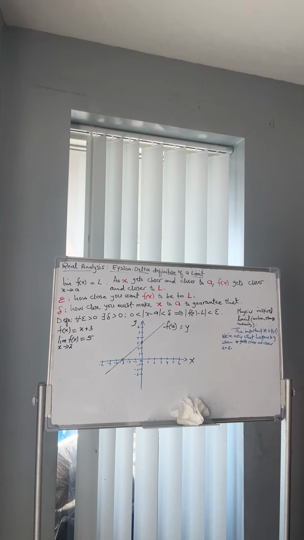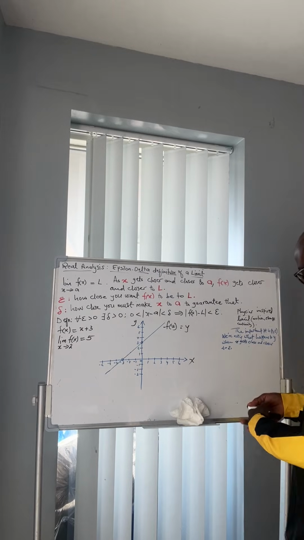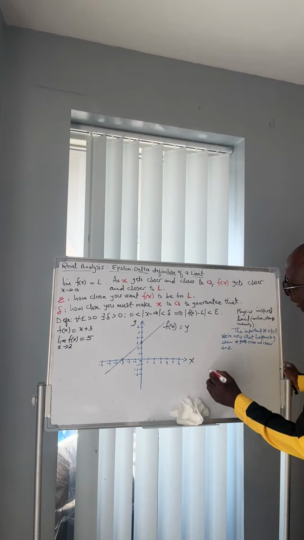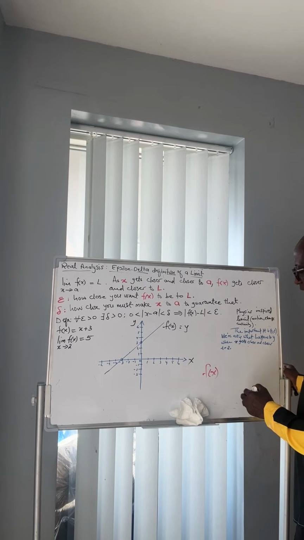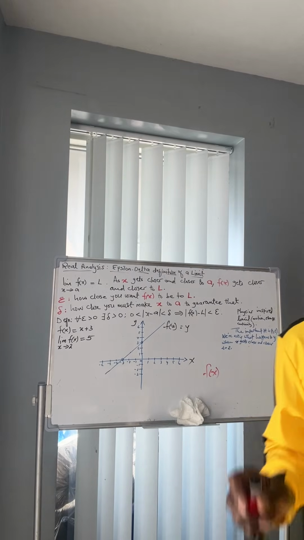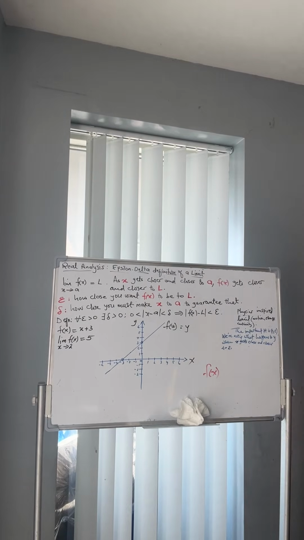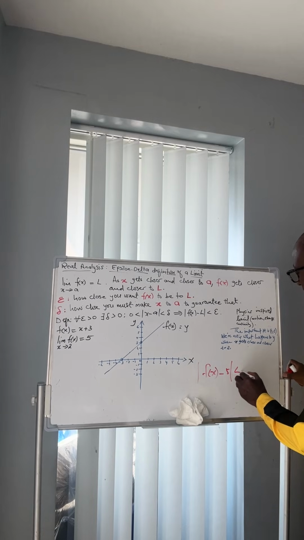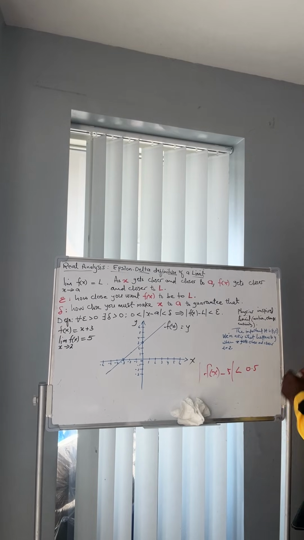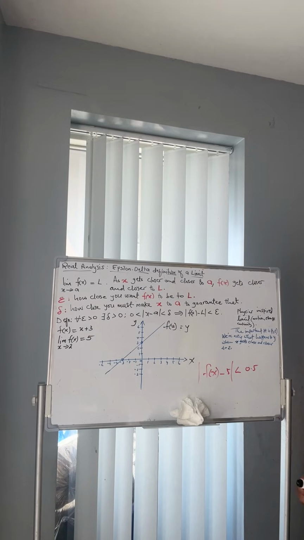You want f of x to be within 0.5. So, using the red ink, f of x, mind you, is the function of the graph. So you'll have f of x minus 5 is less than 0.5. This is what you want.